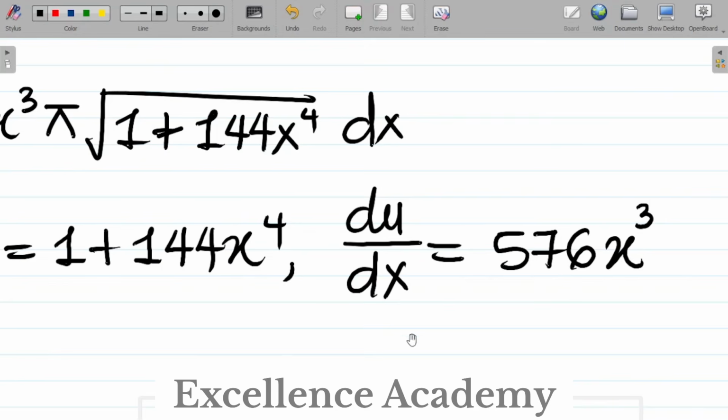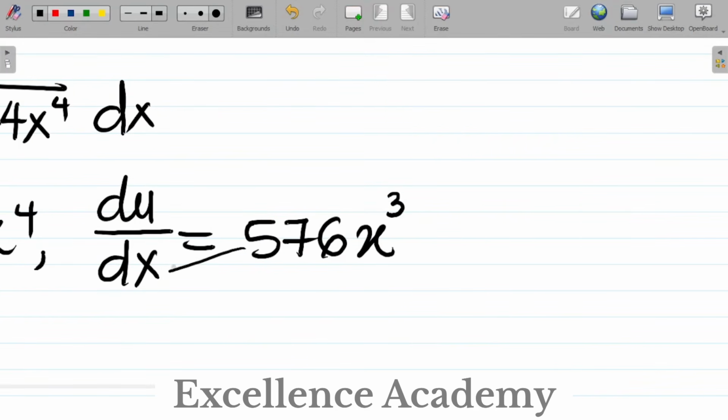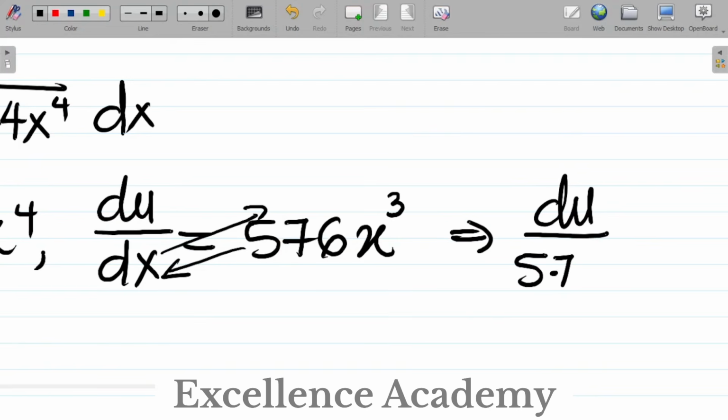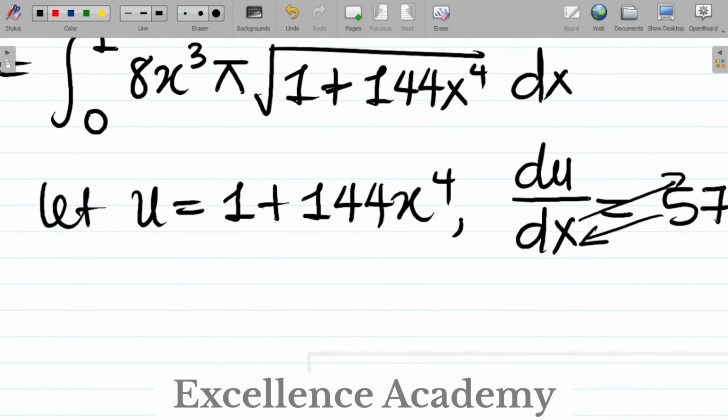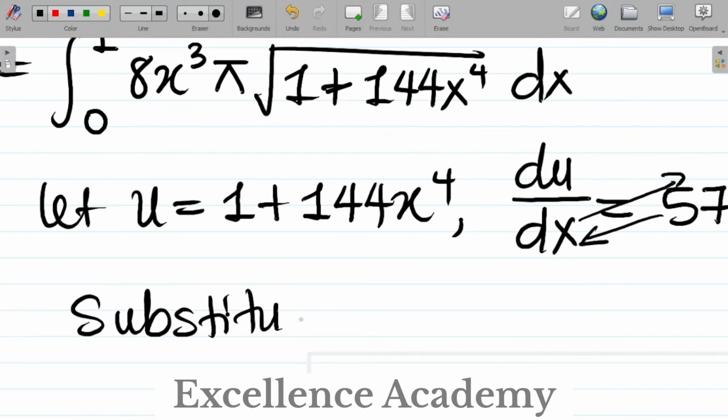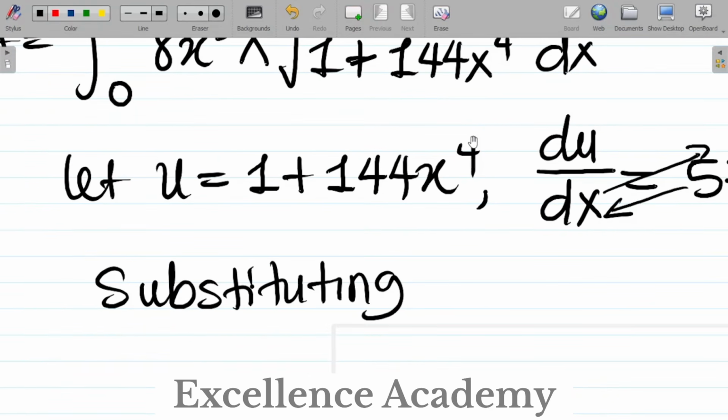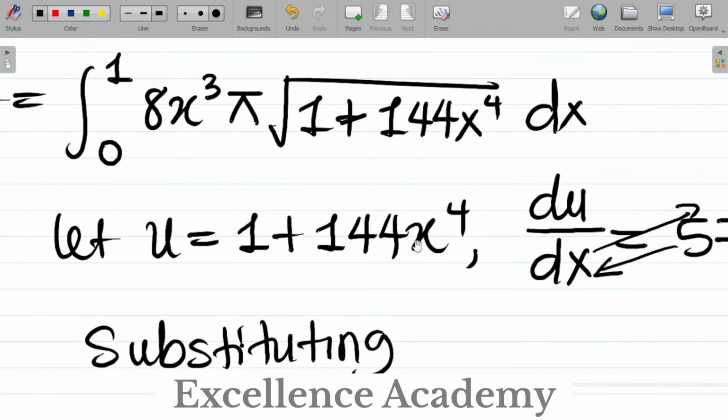Let's get the dx here. How do you get the dx here? These two can swap position. This one goes down, the dx goes up. So you have du all over 576x cubed is equal to dx. That's the value of dx. All right, let's substitute. For the meantime, I'll ignore the limits and just work with the integral.